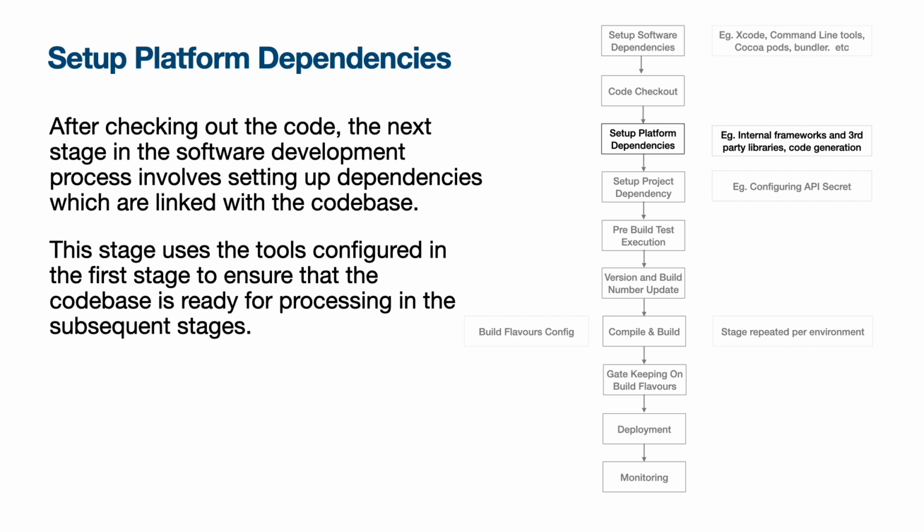It will be maintained elsewhere as artifactory, and this stage would be the place where all these would be fetched. After the setup platform dependency, the code will be ready with the libraries and the third-party SDKs that power the functionality of the mobile application.